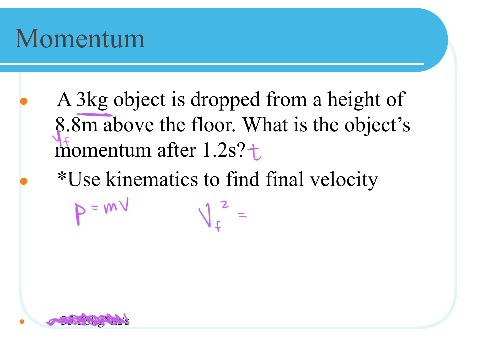VF squared equals 0 squared plus 2a negative 8.8, right? Why am I making my 8.8 negative? It's going downward. It's landing below where it started. So 8.8 times 9.8 times 2, square root of that. And I get a velocity of about negative 13.13.